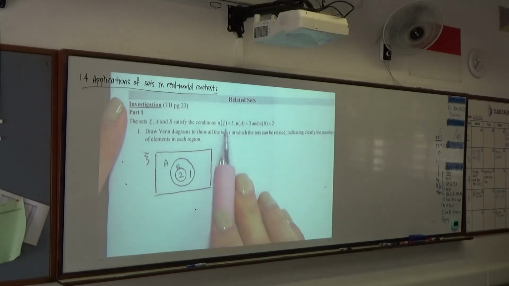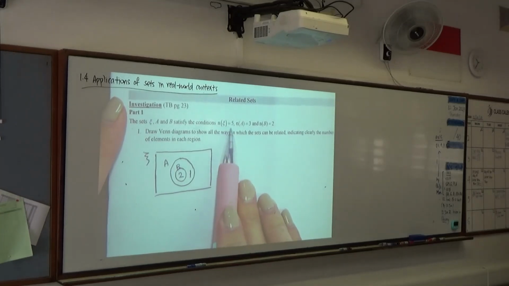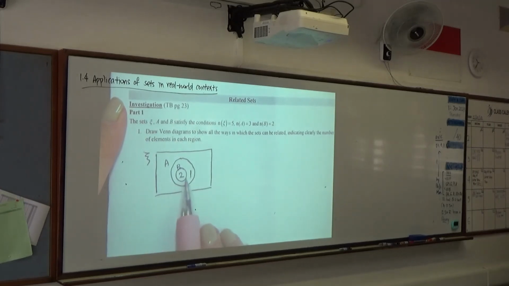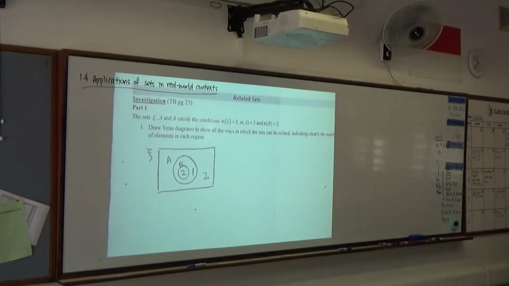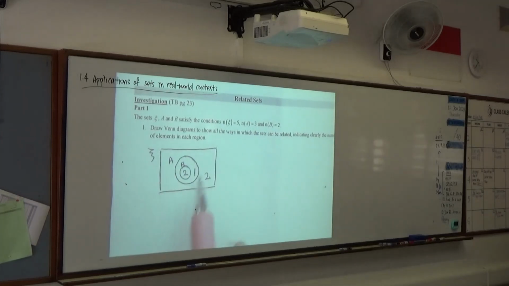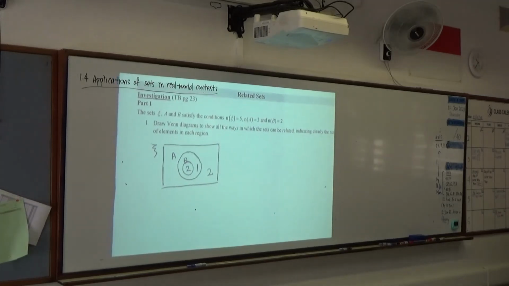But since the universal set is a total of 5, we only have an addition of 3 over here, a sum of 3. So therefore, there is an extra 2 that does not fall within the circles. So this is how the first diagram was being drawn in the question that's found in your textbook.